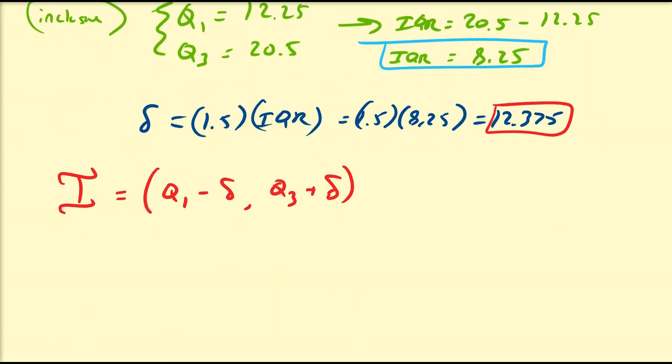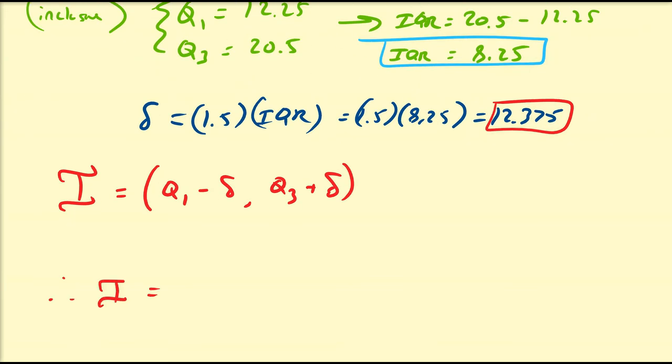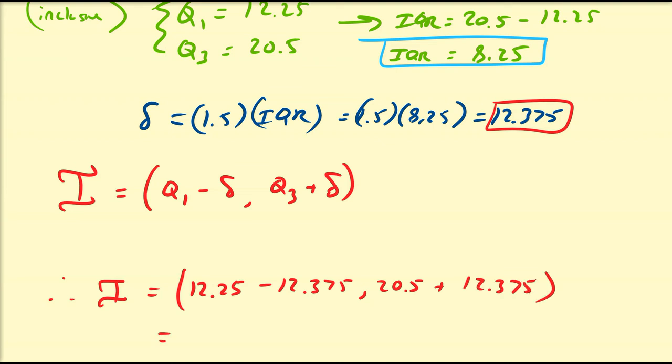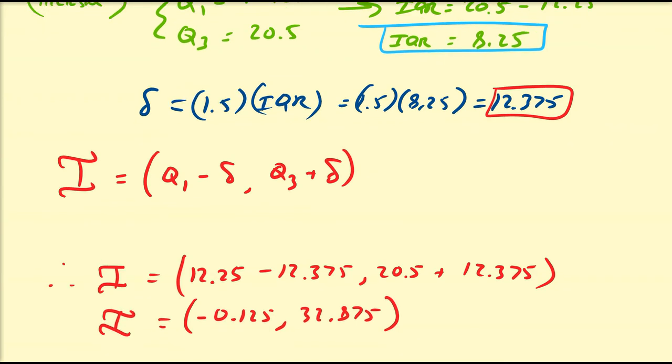That means our interval is 12.25 minus 12.375, and 20.5 plus 12.375, which gives us the interval negative 0.125, comma 32.875. So this is our interval.